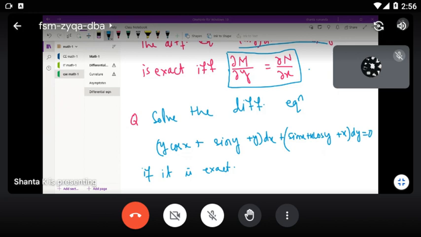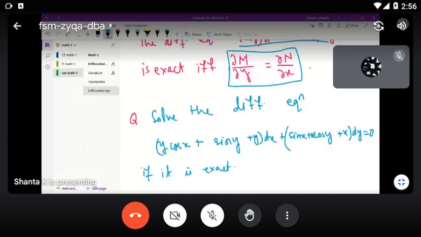Then how do we solve it? Any of you remember? I know some of you know how to solve the exact differential equation. Okay, we will discuss next class. Ma'am, we multiply and then we integrate one term.